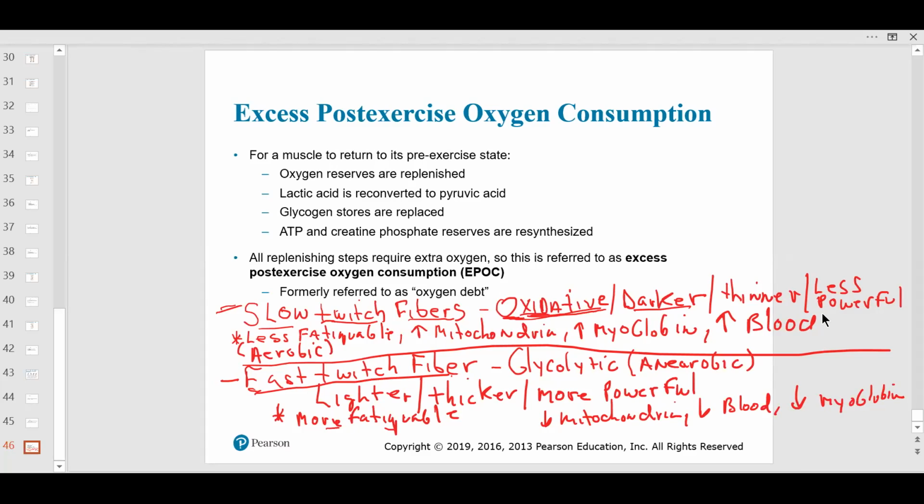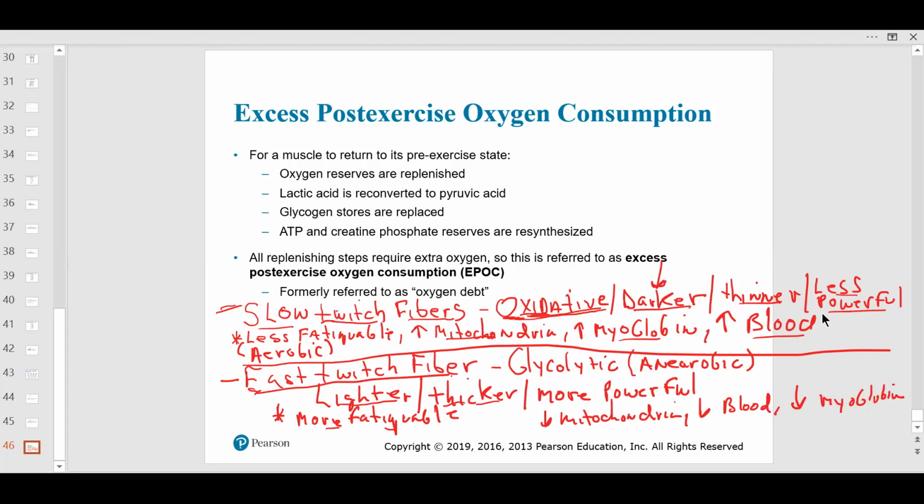So these fibers have more mitochondria, more myoglobin, and more blood. That's why they're darker. But they're thinner and less powerful, right? You don't need powerful muscles to run a marathon. You need thick, powerful muscles to play offensive guard on a line in a football game, right? For that short period of heavy bursts under extreme weight against you.